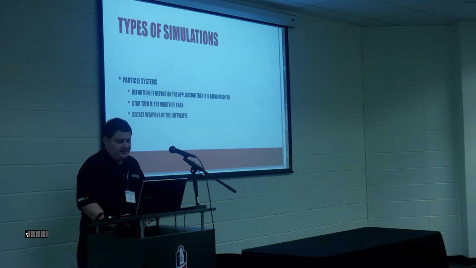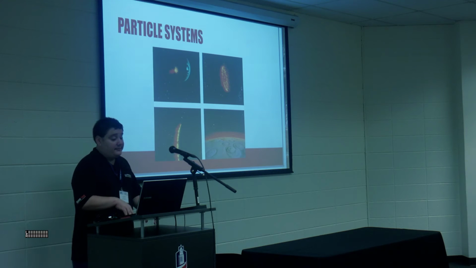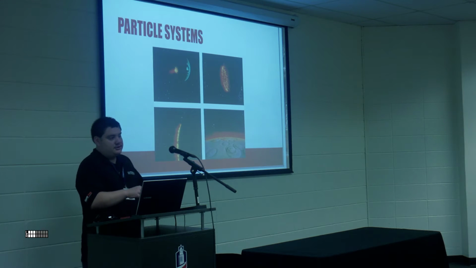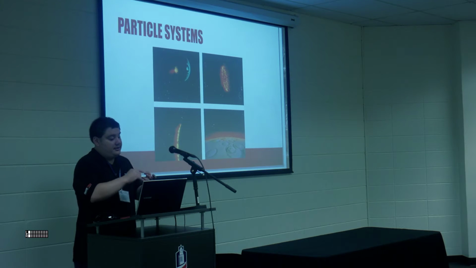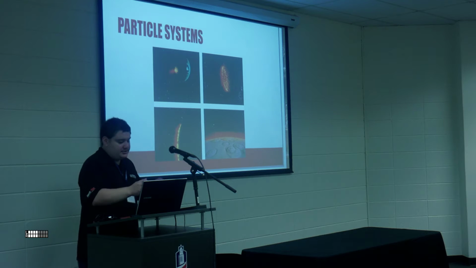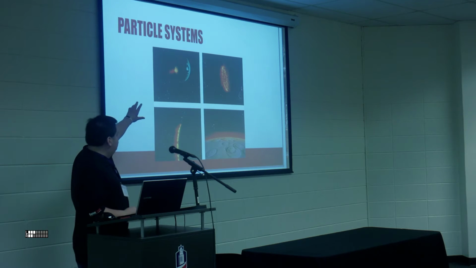This next photo is of the particle systems of The Wrath of Khan. They used four different systems, one to simulate the explosion of the planet, one for the impact of the Genesis bomb, and another for the underlying explosion, and so on. As you can see right here are the different stages of the particle system.